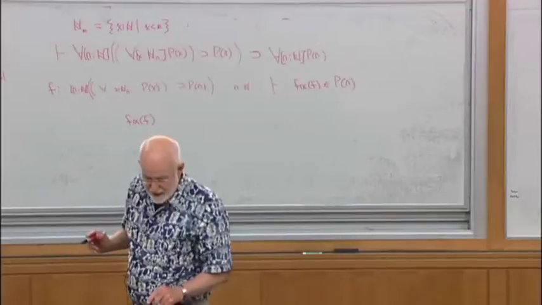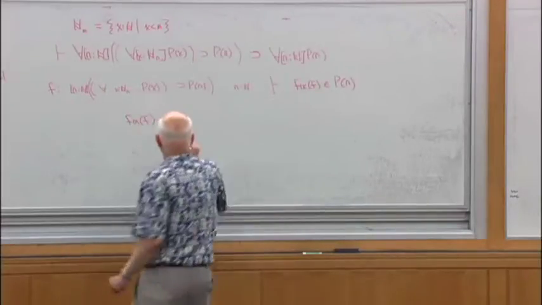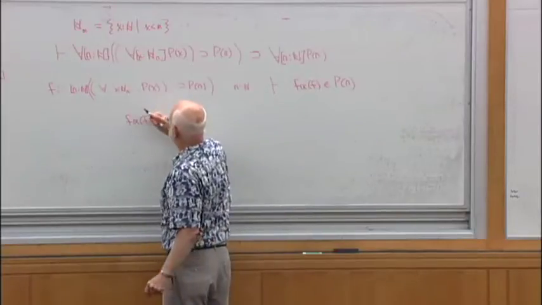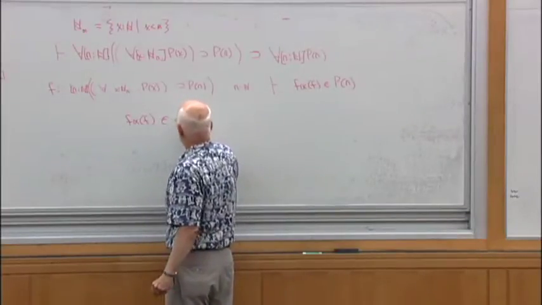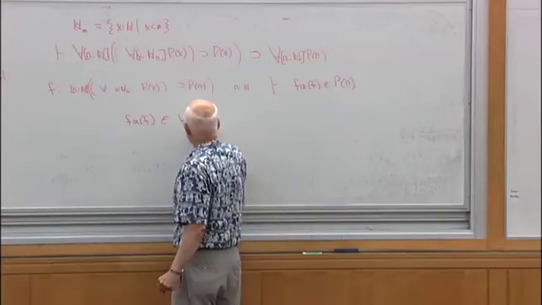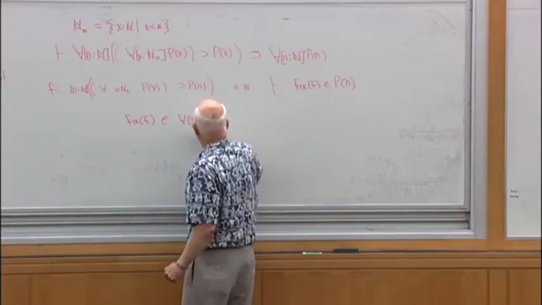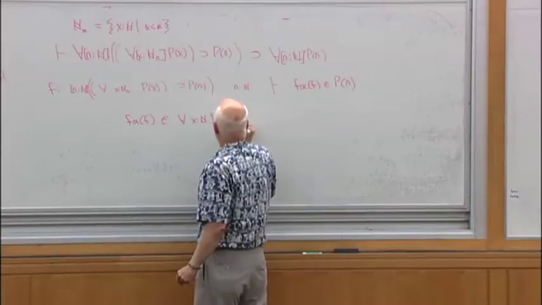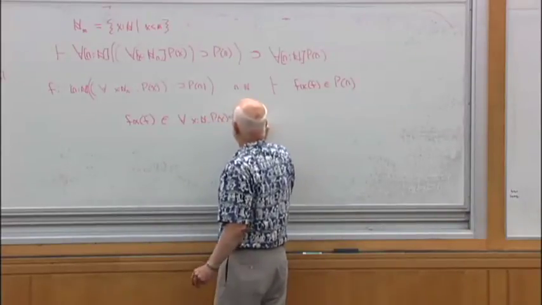So fix of the f is going to belong to this intersection type here. So to this for all x in N, well, now I can leave those braces out. P of x implies P of n.